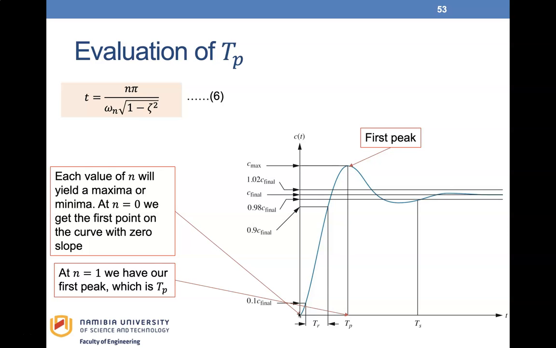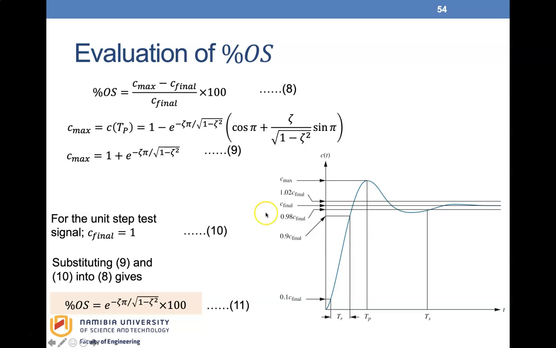We define the percentage overshoot as the amount that the waveform overshoots the steady state or final value at the peak time, expressed as the percentage of the steady state value. From the graph, we can see that it can be expressed by C subscript max minus C final divided by C final multiplied by 100, which is equation 8.